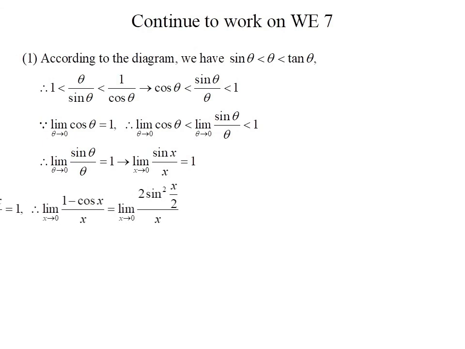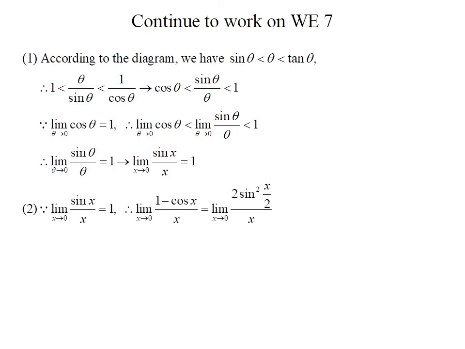Now the second question is to prove the limit of (1 minus cosine x) over x equals 0, based on the double angle formula. The numerator 1 minus cosine x is written as 2 times the square of sine (x over 2).